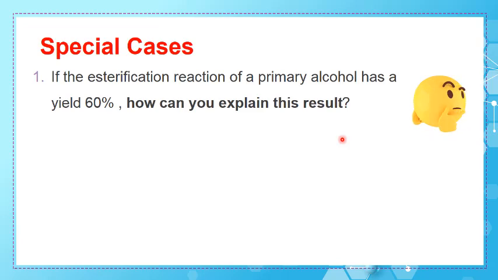Now, let's consider this special case. If in an exercise we ask you the following: if the esterification reaction of a primary alcohol has a yield of 60%, pay attention, it's a primary alcohol, so we are waiting for a yield equal to 67. So why is it 60? How can you explain this result?